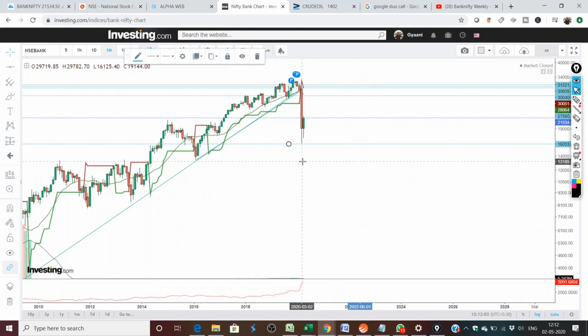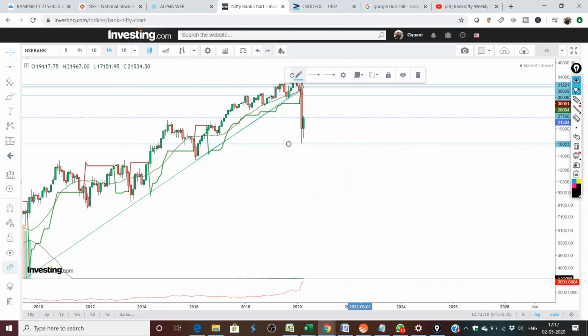I also want to show you this ATR indicator today. This is what I have mapped on this. This is the ATR indicator. It shows the average number of points Bank Nifty moves in a monthly time frame. As you change your time frame, you'll get a different figure. Right now it is showing 3091 as the average movement.